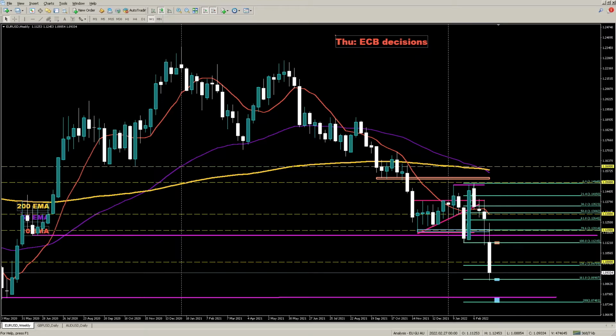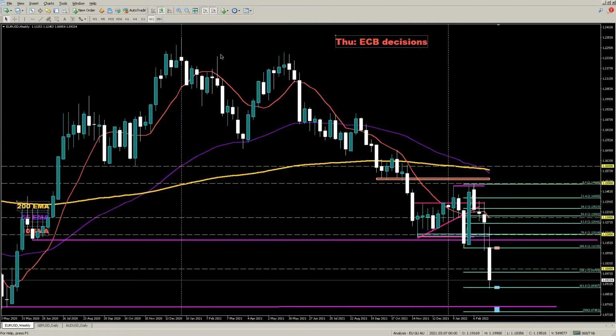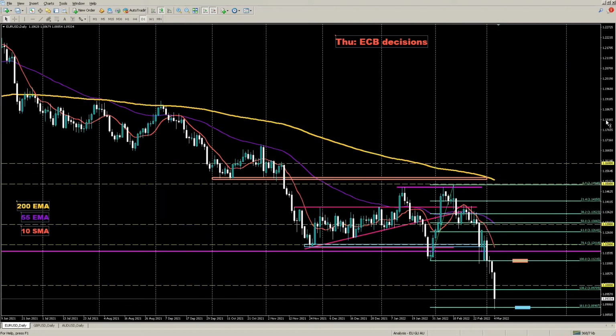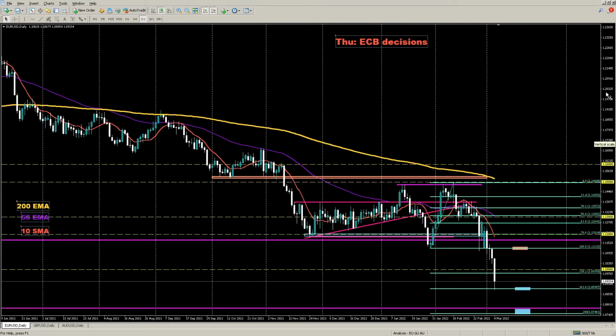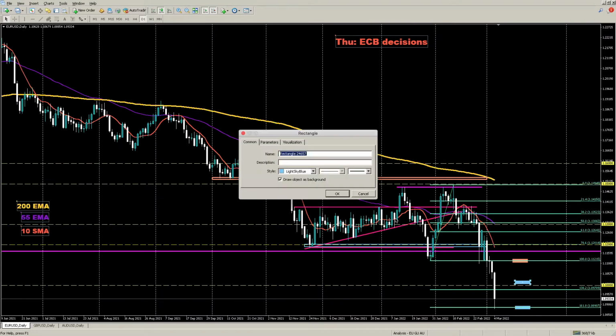And for now, it seems that it's going to fall lower first before we find some significant support. So we can also just add this intermediate resistance.